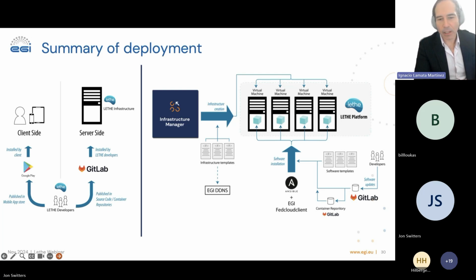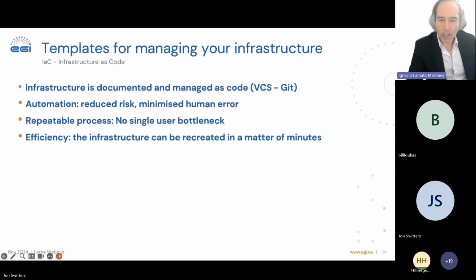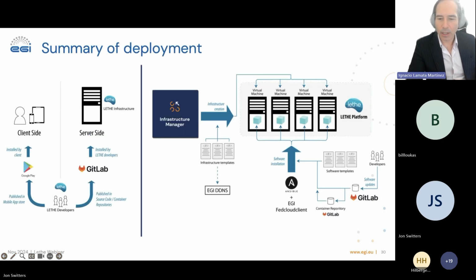And this has many advantages that I will tell you about in a second. But basically what we do is we collect a template and we instruct the infrastructure manager: we want this number of servers, we want to have this application. And the infrastructure manager makes sure that these virtual machines that are represented in the image are created. It also raises the names of the things.